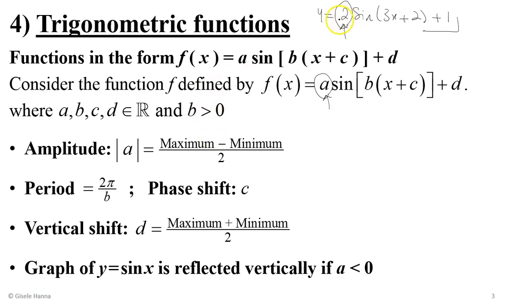So if it's 2 or -2, then the amplitude would be 2. The curve would stretch vertically to have an amplitude of 2. However, if you already have the curve and you need to deduce the equation in order to determine the amplitude, all you have to do is consider the maximum minus the minimum over 2.